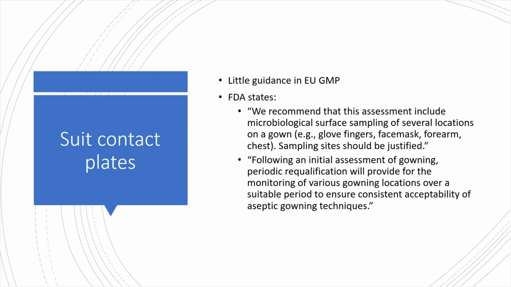The FDA also says that there needs to be a rationale in place saying why those locations are being sampled and why other locations have not been selected. So it's very important to have a defined rationale there. Following initial assessment of gowning, periodic requalification is also mentioned in the FDA guidance, which we discussed in the previous slide.